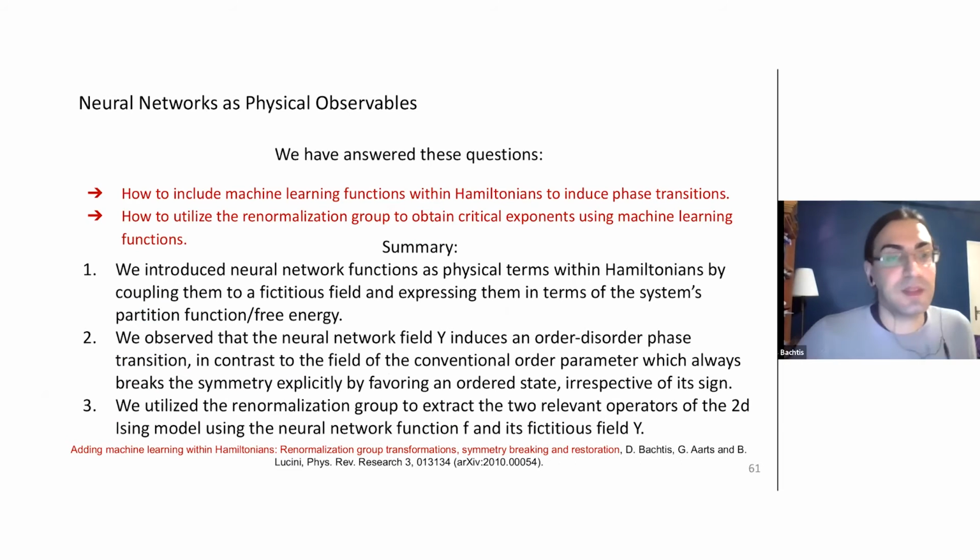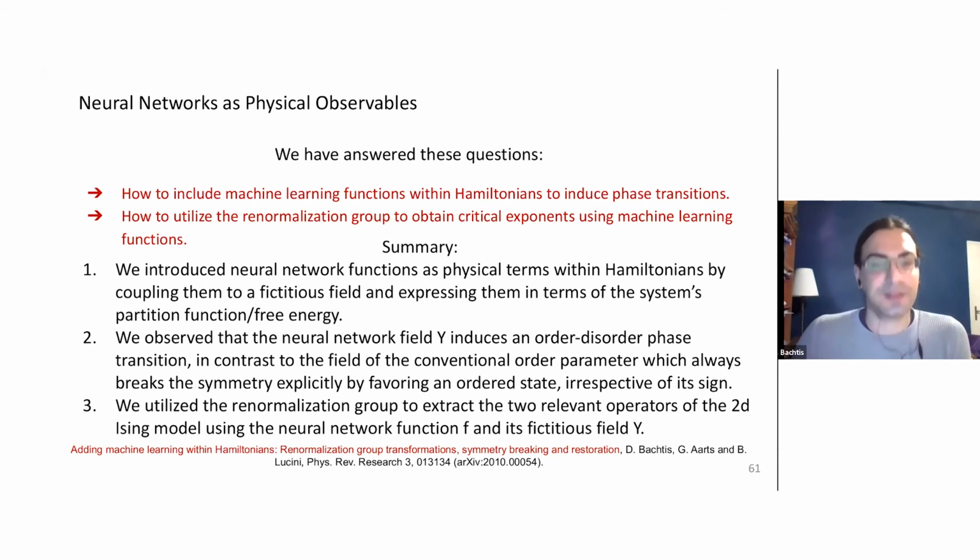So now I have answered these questions: how to include machine learning functions within Hamiltonians to induce phase transitions in systems, and how to utilize the renormalization group to obtain critical exponents using machine learning functions. So in summary, we introduced neural network functions as physical terms within Hamiltonians by coupling them to a fictitious field and expressing them in terms of the system's partition function or the system's free energy.